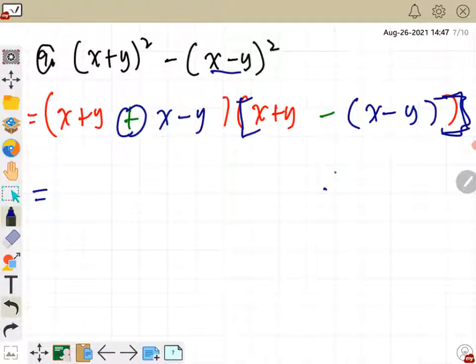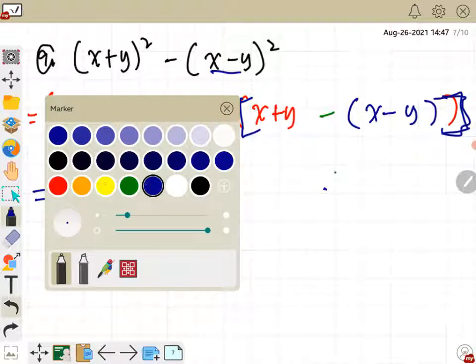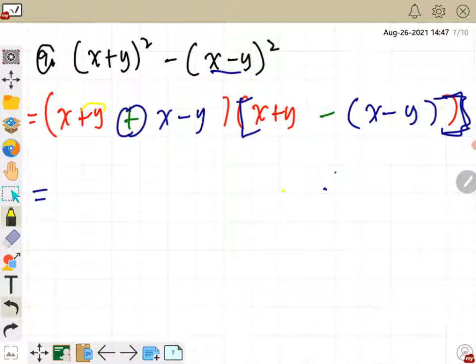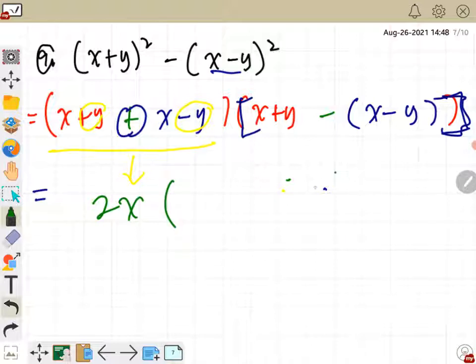As you can see here, we can simplify plus y and minus y, and that becomes 0, and x and another x becomes 2x. So this portion will be simplified into 2x times this one, x plus y. Then this is minus x and plus y.